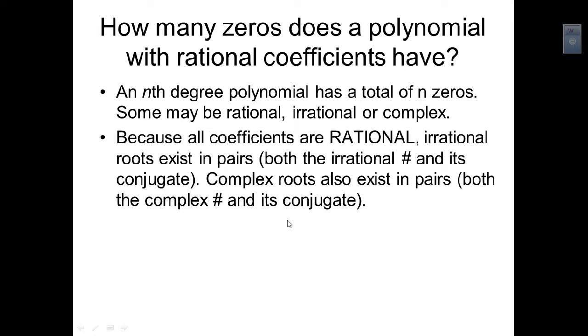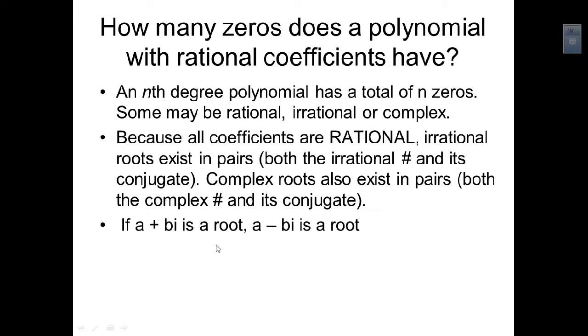Now, because all coefficients are rational, irrational roots will exist in pairs, both the irrational number and its conjugate, and complex roots also exist in pairs, both the complex number and its conjugate.